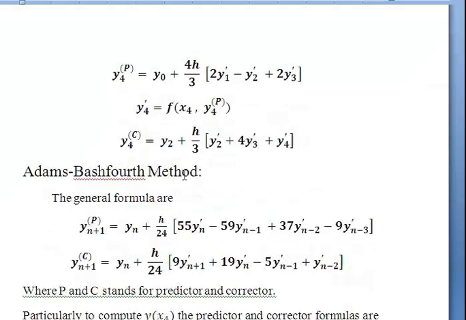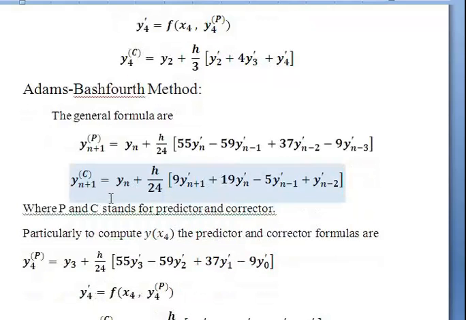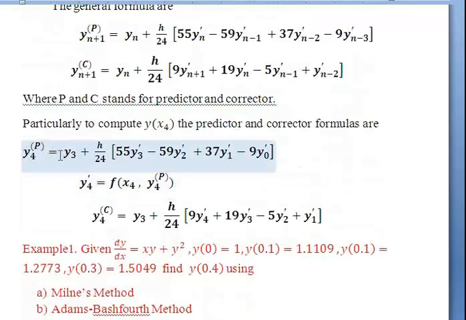Similarly, for Adams-Bashforth we have general formulas for the predictor and corrector. Particularly for y4p, the formula is y3 plus h upon 24 into 55 y3' minus 59 y2' plus 37 y1' minus 9 y0'. The corrector formula is y3 plus h by 24 into 9 times y4' plus 19 y3' minus 5 y2' plus y1'.